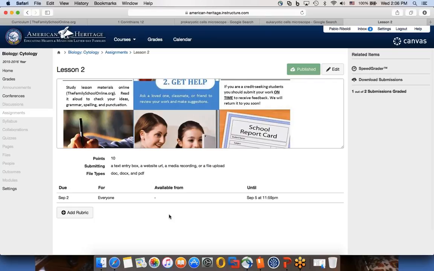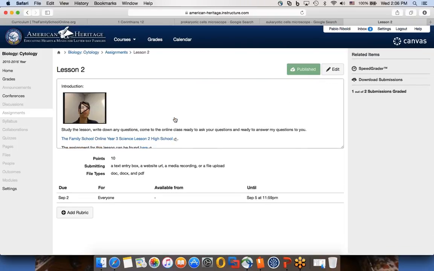This is the screen for the teacher, so it's slightly different from what you see as a student. But you submit your assignments in Canvas. We do the grading there in Canvas. The quizzes are also in Canvas.